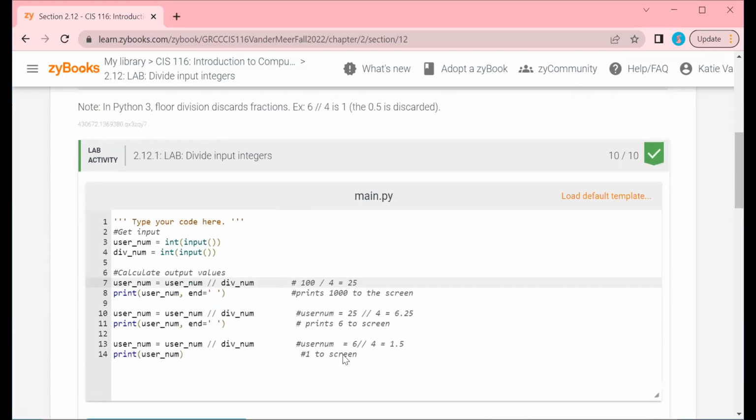I have a question. Yeah. For line 7, in your notes, were you supposed to floor that? Was it supposed to be user num floor div num? Yes. Would that be different than 25 as a result? No, because our starting numbers in the second example were 100 and 4. So we're just reusing user number.